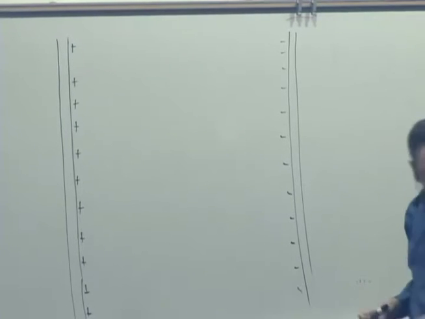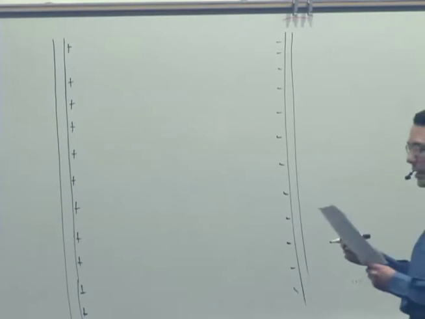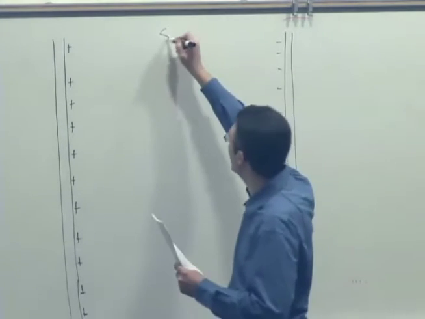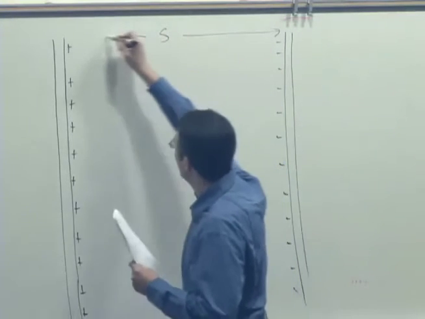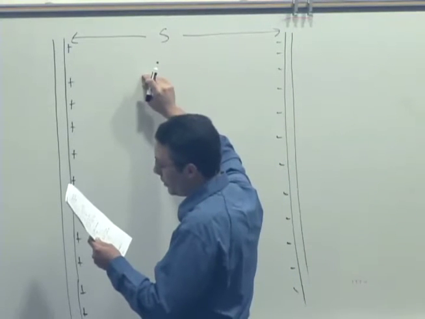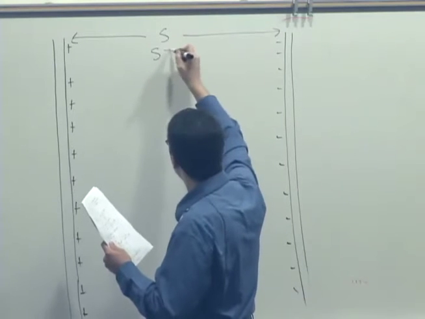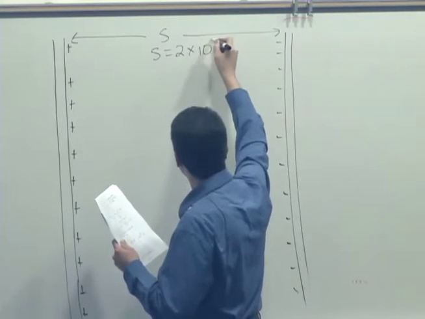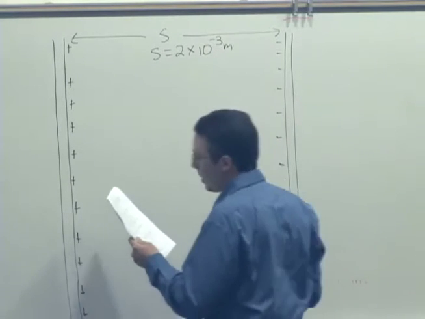Okay, so capacitor: inside the gap in between the two plates, let's say this distance is S, and what is S equal to? Let's say S is 2 millimeters, so 2 times 10 to the minus 3 meters.